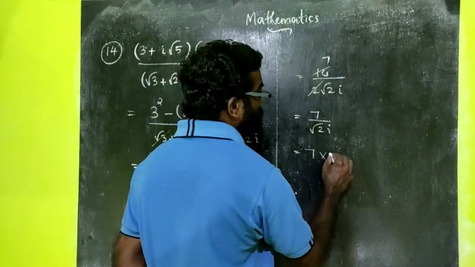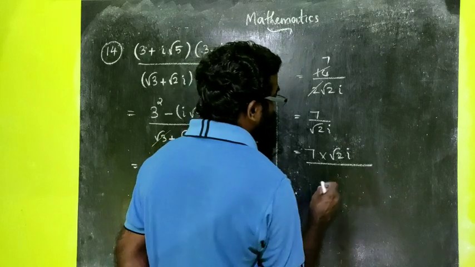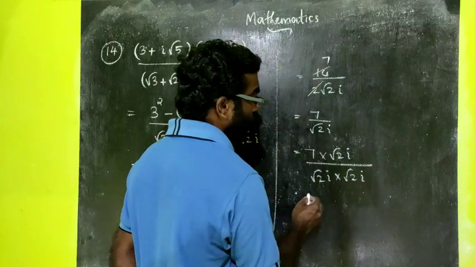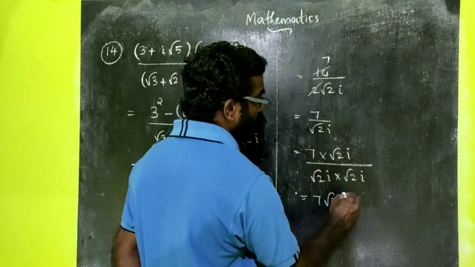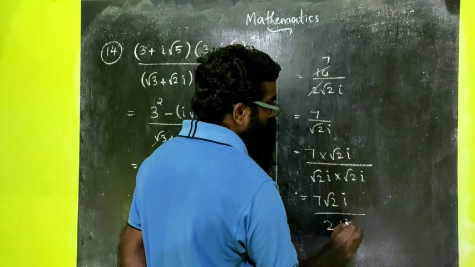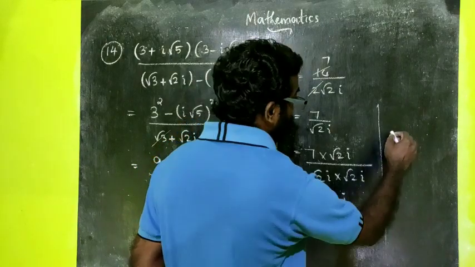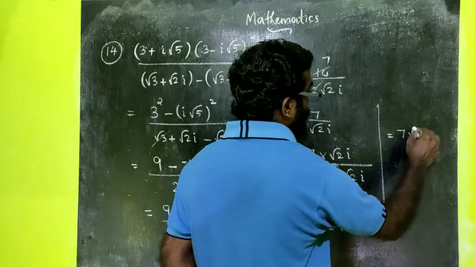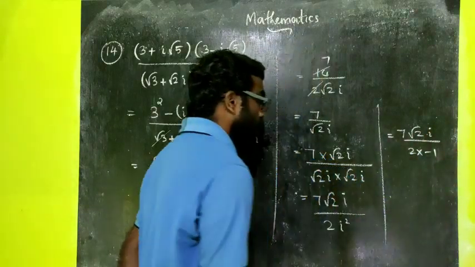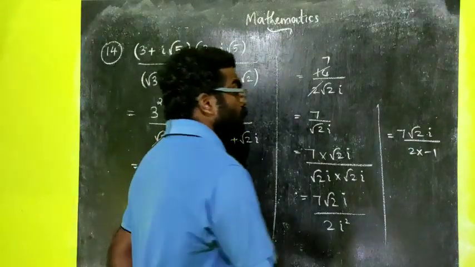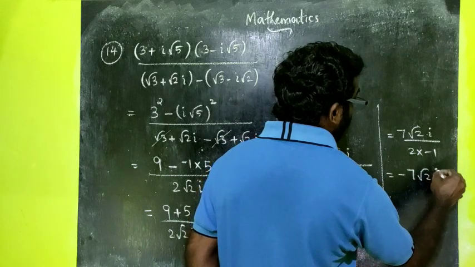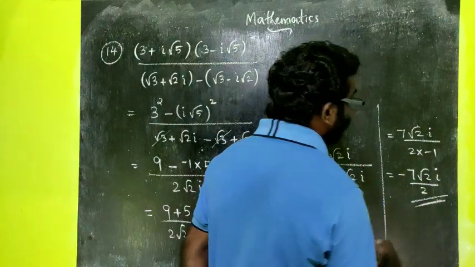So 7 into root 2i divided by root 2i into root 2i. Okay. So 7 root 2i by root 2 into root 2 is 2. i into i is i square. So it is equal to 7 root 2i divided by 2 into minus 1. i square is minus 1. So we can write minus 7 root 2i divided by 2.